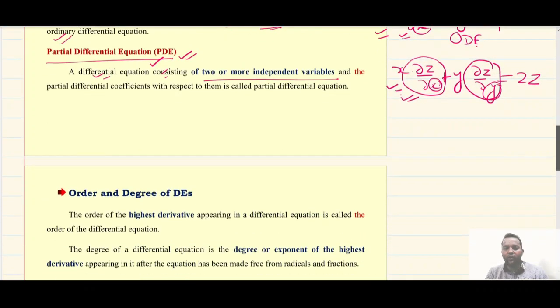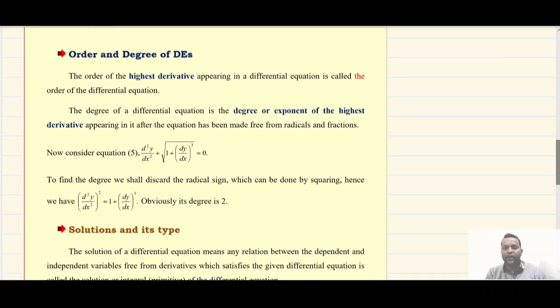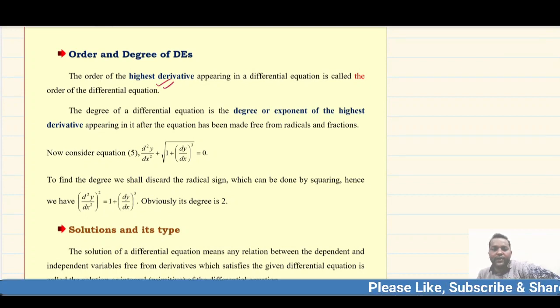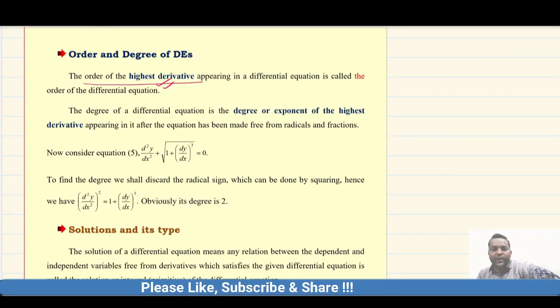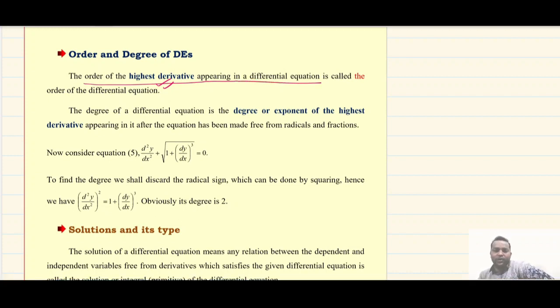Now, order and degree of a differential equation. The order of a differential equation is defined as the order of the highest derivative present in the given differential equation. Suppose we write a differential equation d cube y over dx cube plus 2 dy over dx is equal to 5.